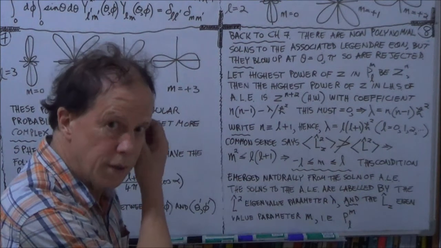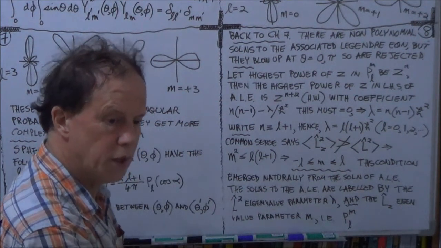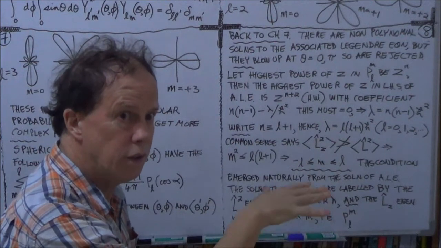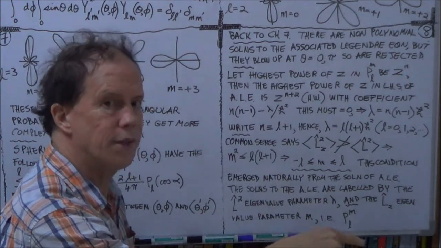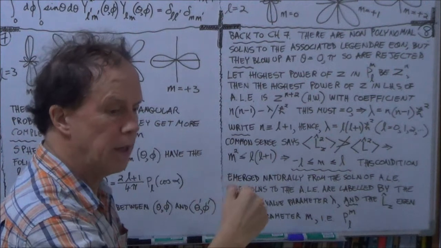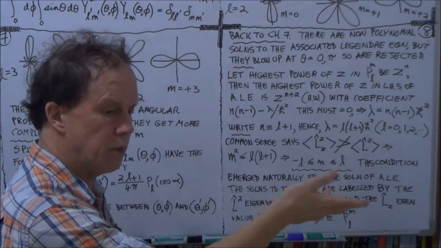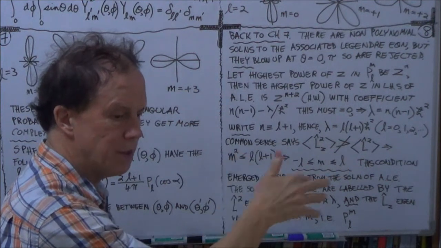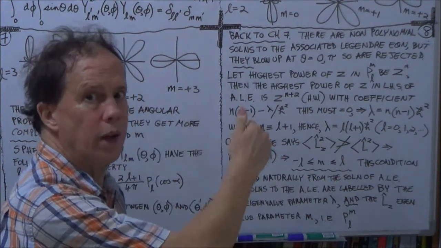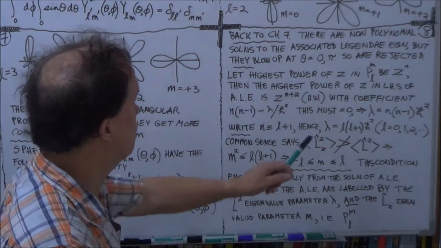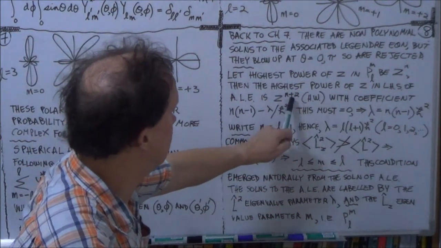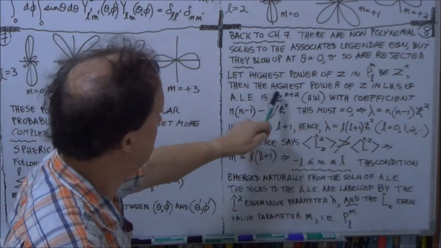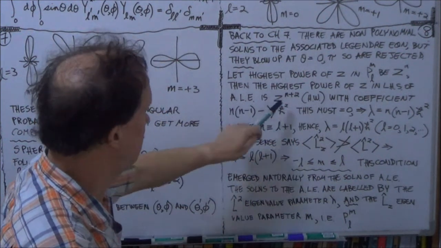In the associated Legendre equation, in the denominator there's a 1 minus z squared, and so if you multiply both sides by 1 minus z squared, that z squared helps get you this plus 2. So the highest power of z in this equation is this form.